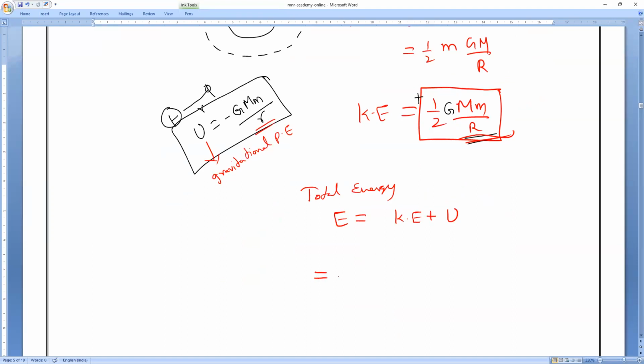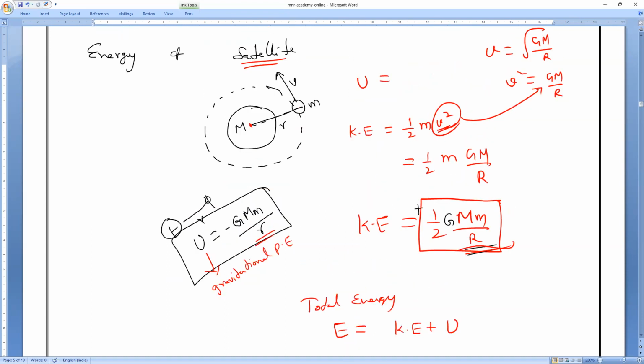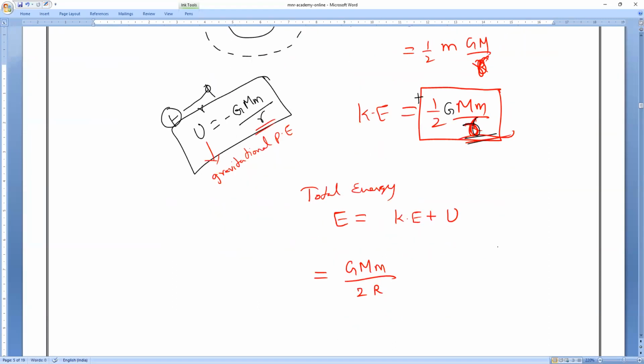So if I substitute, kinetic energy is G M m divided by 2r, with small r, not capital R. If I make any error in writing, you can tell me. So kinetic energy is plus G into capital M into small m divided by small r, next plus minus of the potential energy, minus G into capital M into small m divided by r.